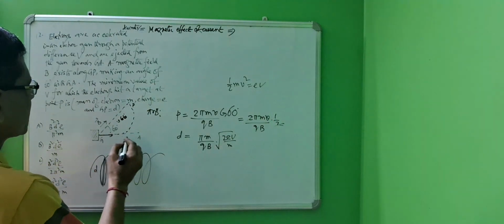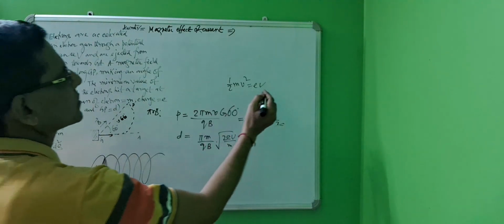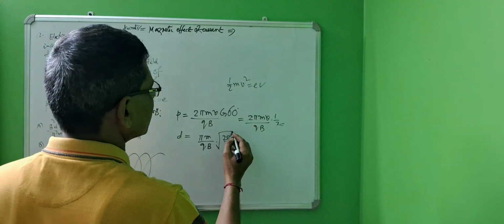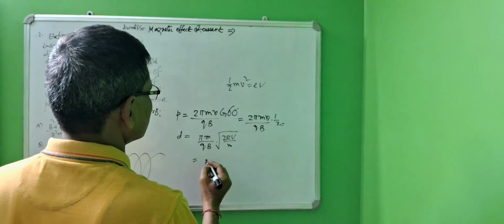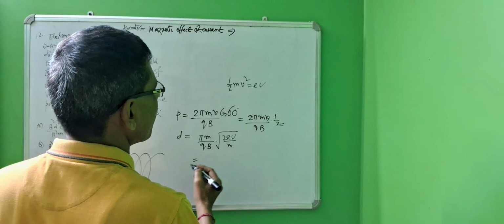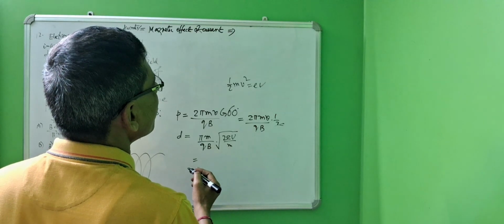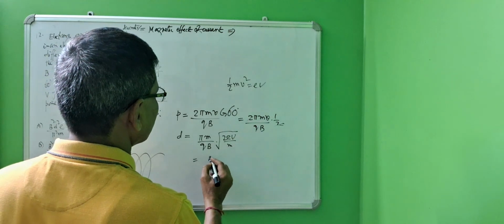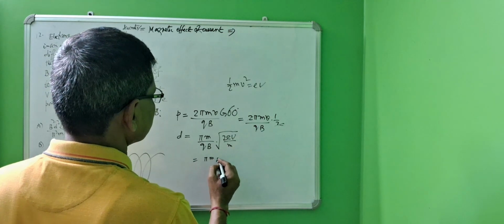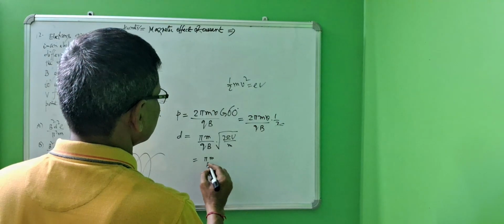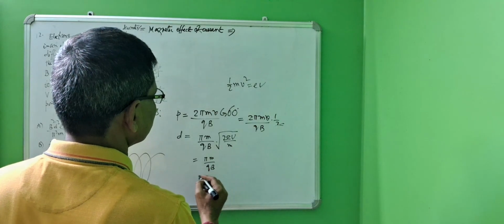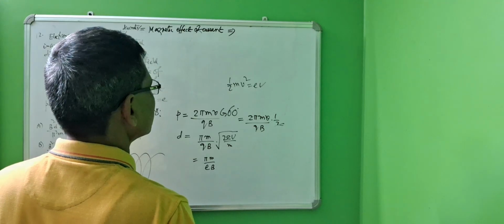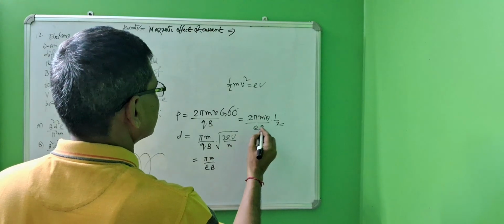When the electron comes out, half mv square equals eV, where V is the whole potential difference. Here Q means E.